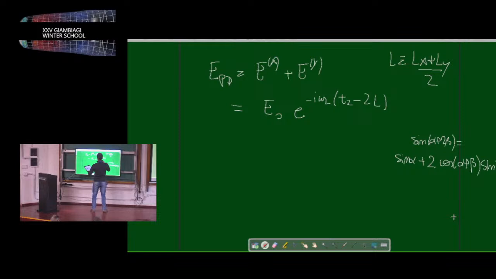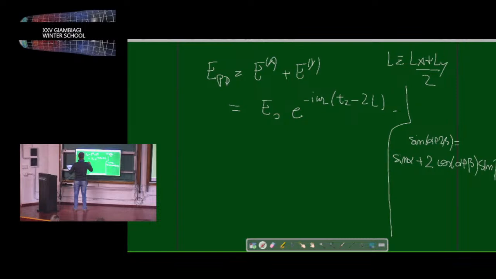And then let me rewrite. So this should be here. This is a common factor for the two. Then the part from the X has the following piece: omega L, Lx minus Ly.